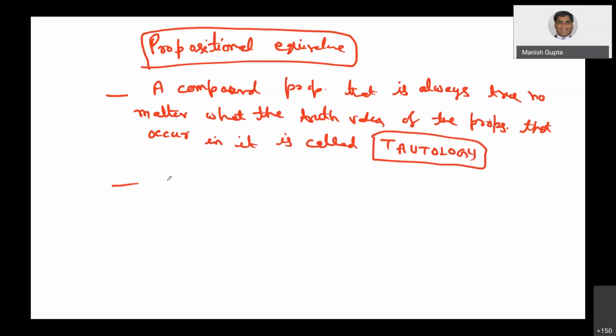Similarly, a compound proposition that is always false is called a contradiction.